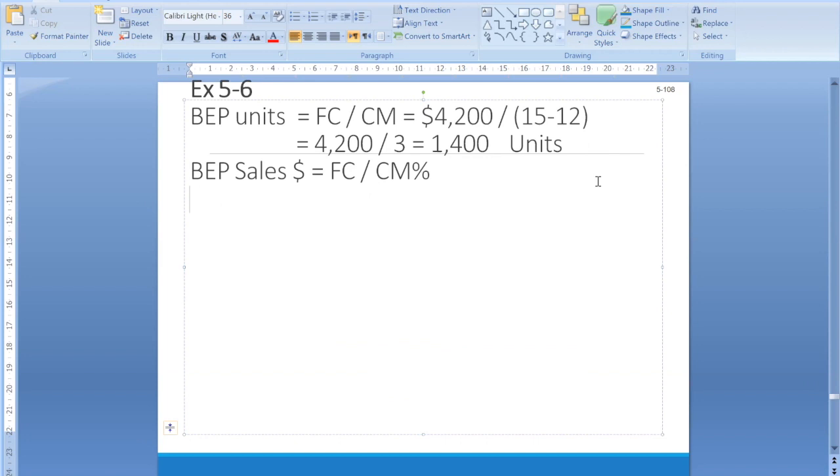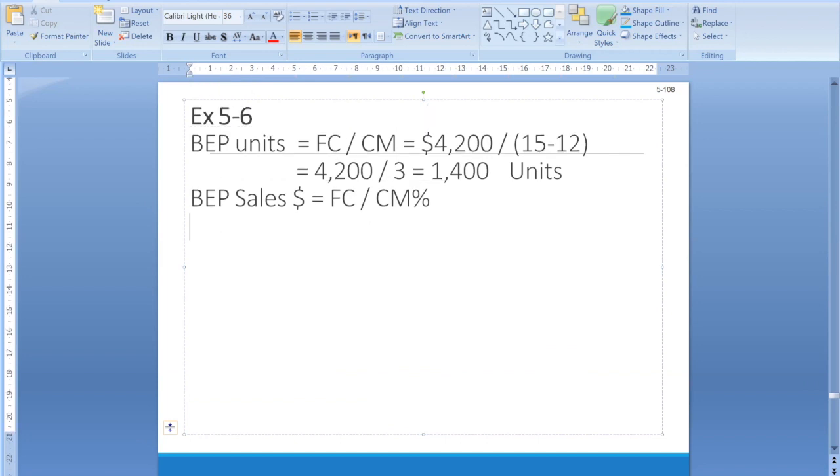In this case, we will use 4,200 divided by 15 minus 12 out of 15. So we need 3 out of 15. Or simply, we can say 1,400 times the price, which is 15.